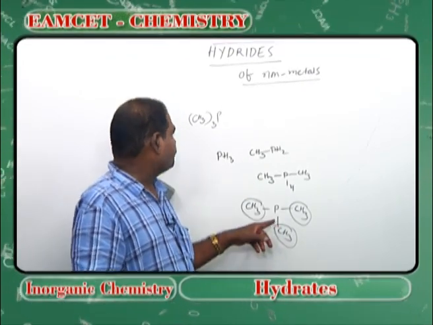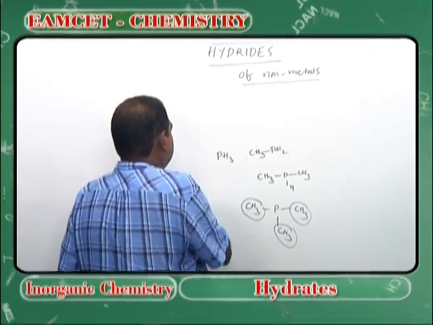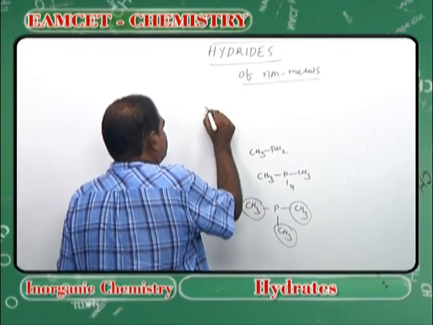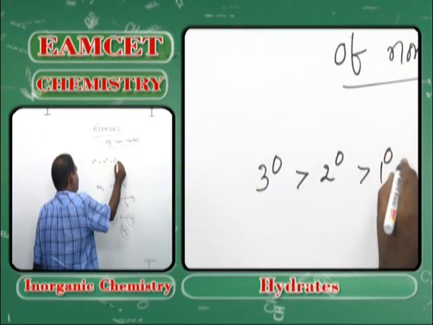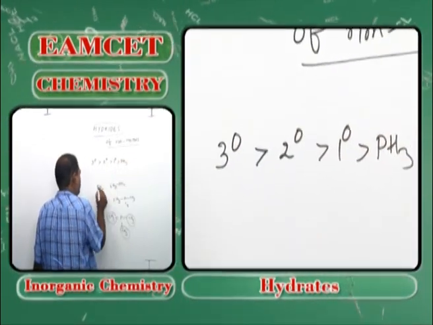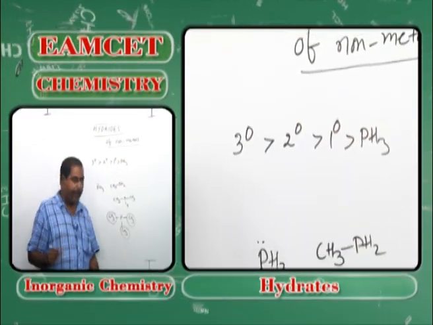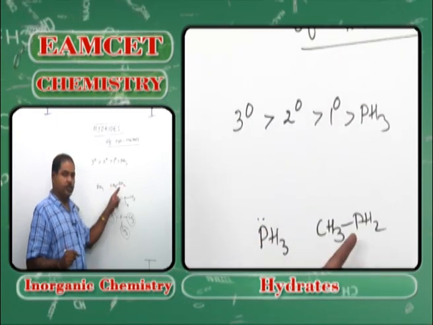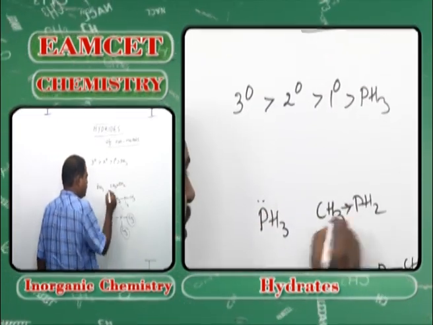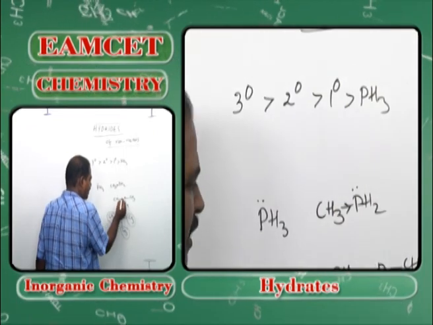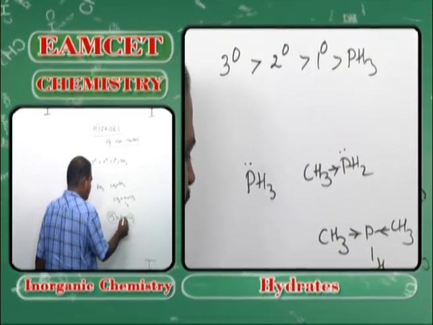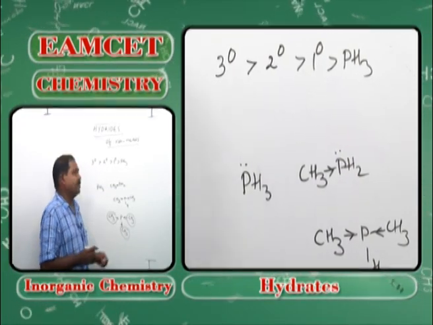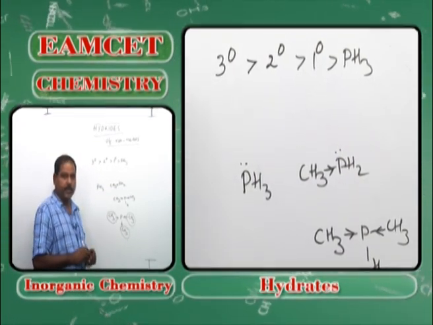Tertiary substituted phosphine. So, what is the order? Among substituted phosphines, tertiary is more basic than secondary, more basic than primary, more basic than PH3. In PH3 phosphorus is donating, in CH3PH2 one methyl group is encouraging, two methyl groups are encouraging, and here three methyl groups are encouraging. Therefore, this is most basic among substituted phosphines.